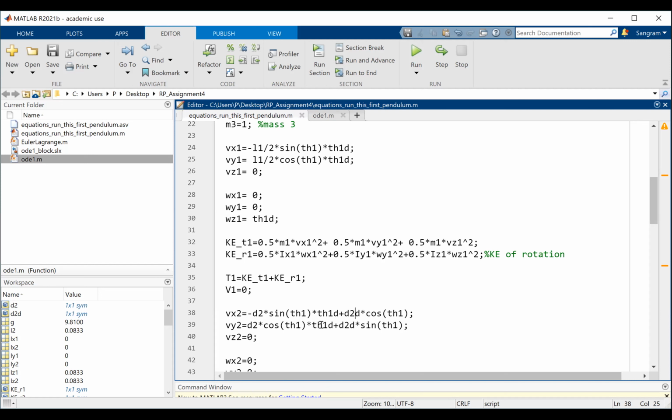Then Vy2 is the equation that I have written over there: d2 cosine theta 1 dot plus d2 dot sine theta 1. This is that equation. Are you with me so far? Right. And Vz2 is equal to 0.